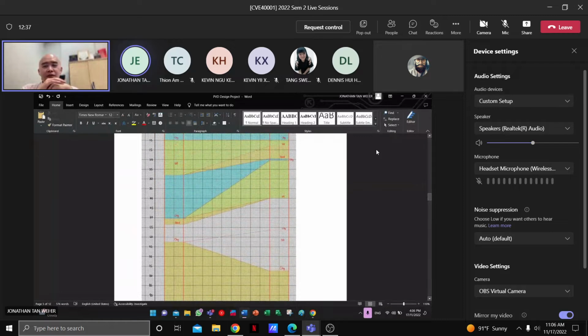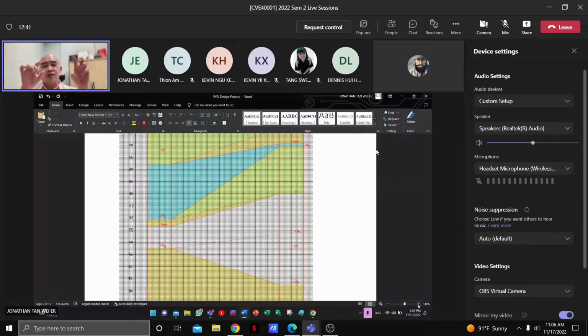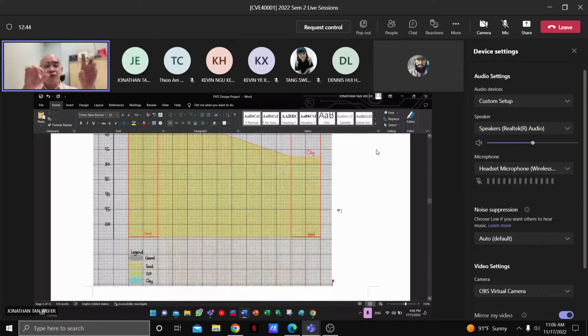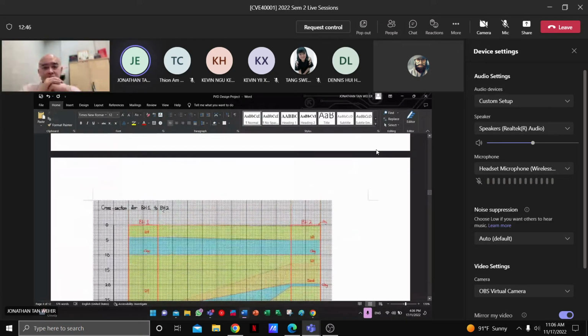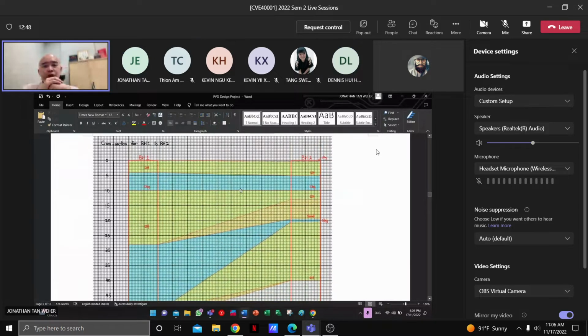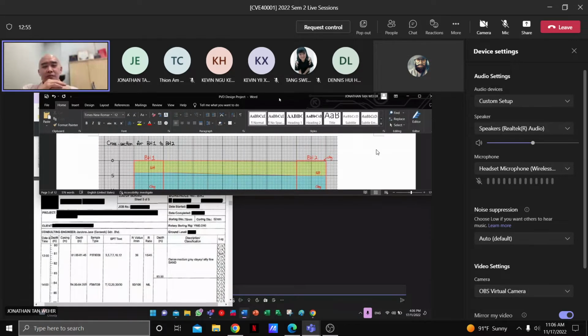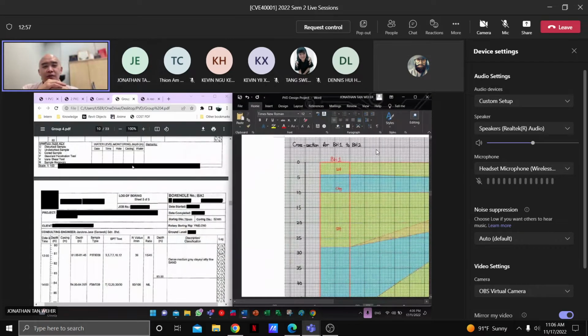You mean the clay layers? Do you have a section? Do you have a profile for borehole 1 to borehole 2? Yeah, this one. So where are your consolidation tests? Where was the consolidation test result obtained from? At which depths?